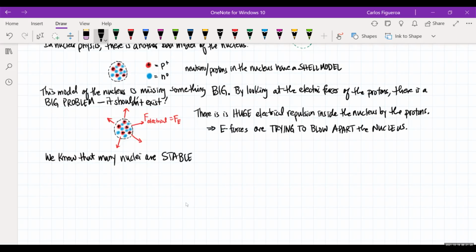And remember what we mean by stable. Stable means at least one stable isotope, at least one stable isotope lives forever.